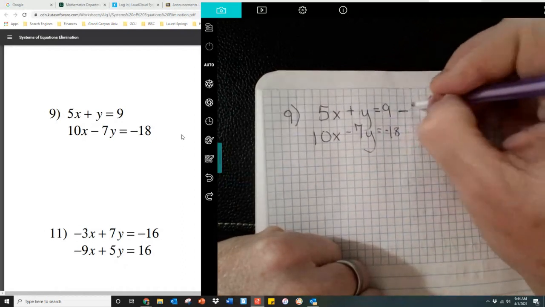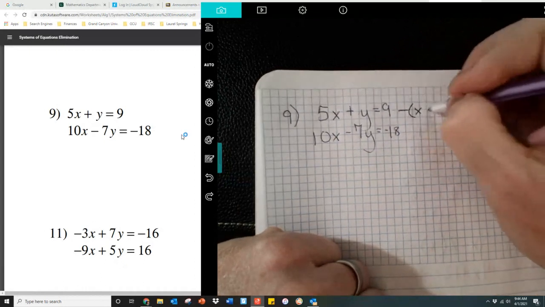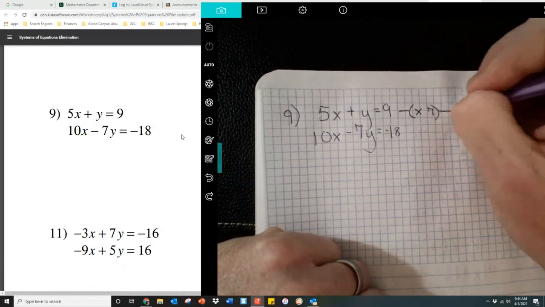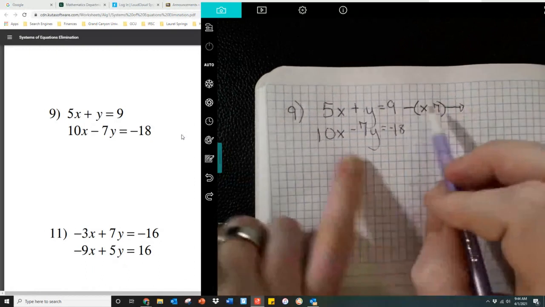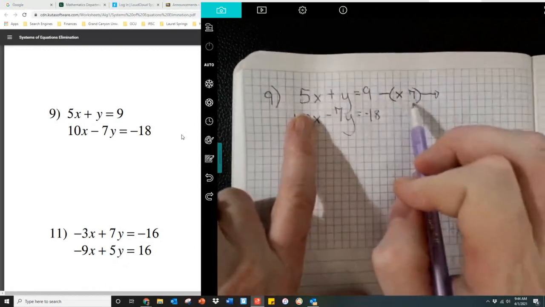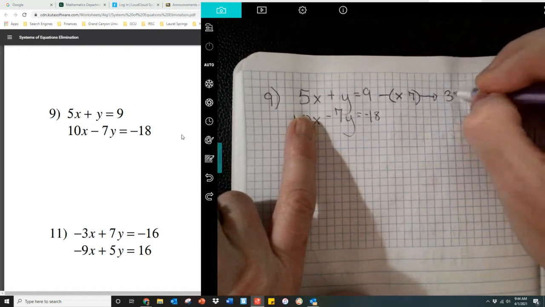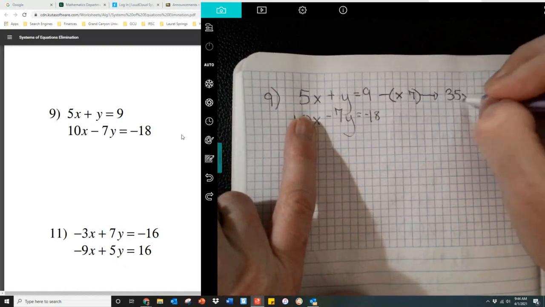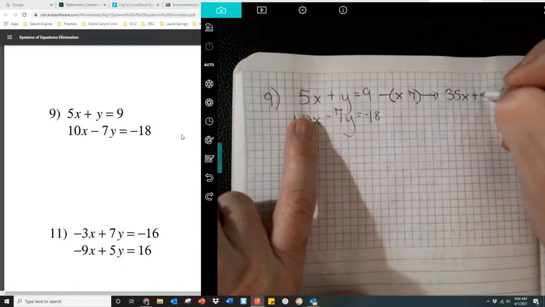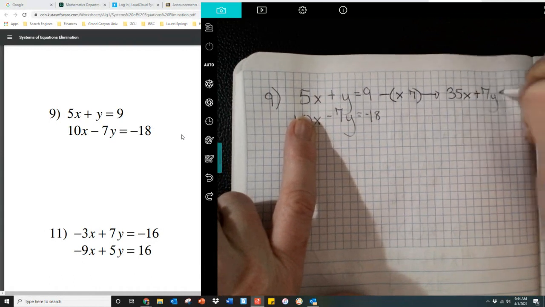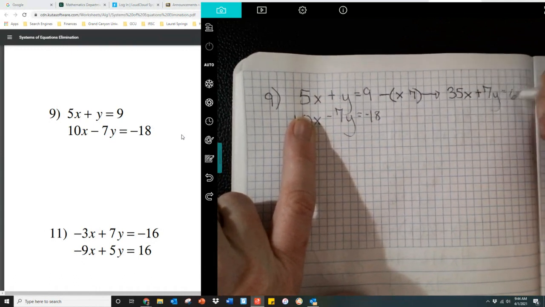So what I can do is take this structure and multiply everything by 7 and rewrite the equation over here. So when I multiply this by 7, I have to multiply each part by 7. So that's going to be 35x plus 7y equals 63.